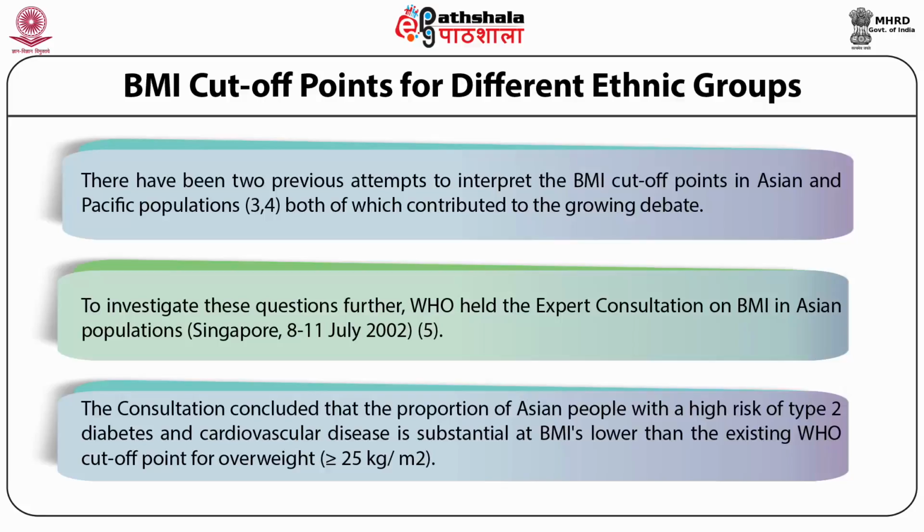The consultation therefore recommended that the current WHO BMI cutoff point should be retained as the international classification. However, the cutoff points of 23, 27.5, 32.5 and 37.5 kg per meter square are to be added for public health action points.